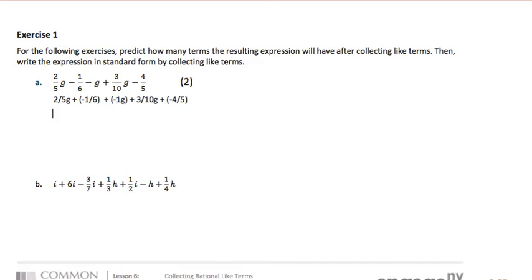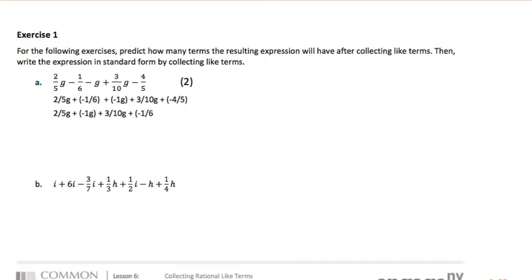Next step is we need to gather all the like terms. So we're going to move all of the g terms together. 2/5 g plus negative 1g plus 3/10 g, and those are all the g terms. So then we'll gather all of the constants.